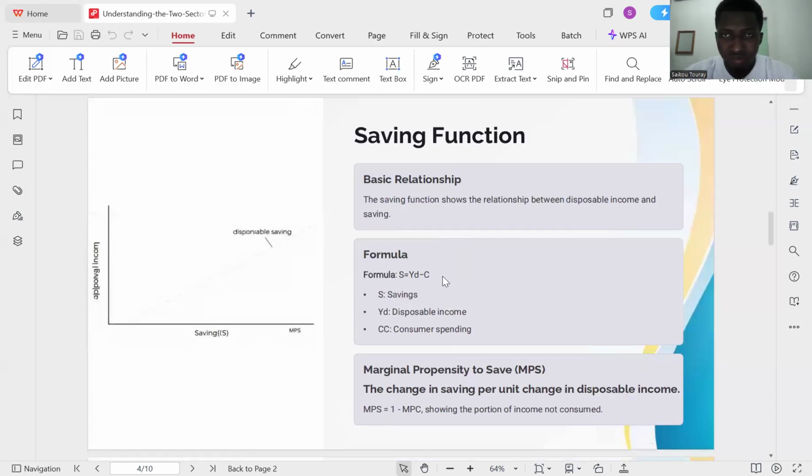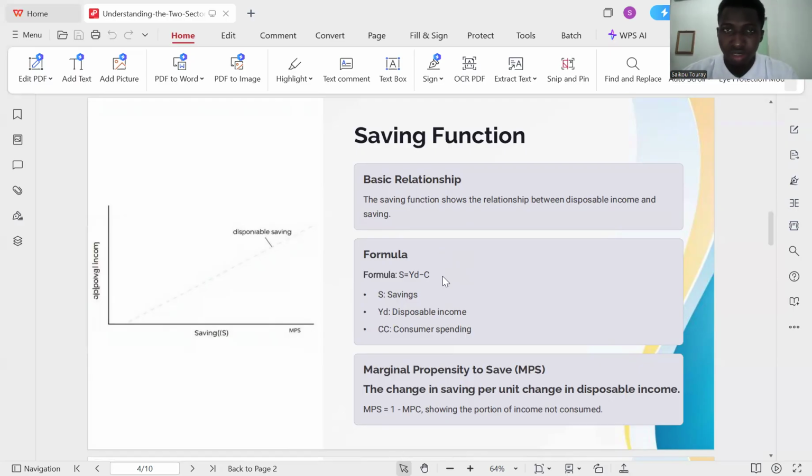Next, we have the saving function. This saving function describes the relationship between disposable income and savings. Similar concept: the more income you have, the more likely you will be able to save.